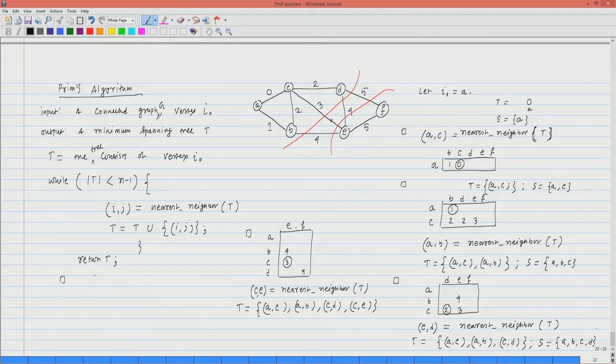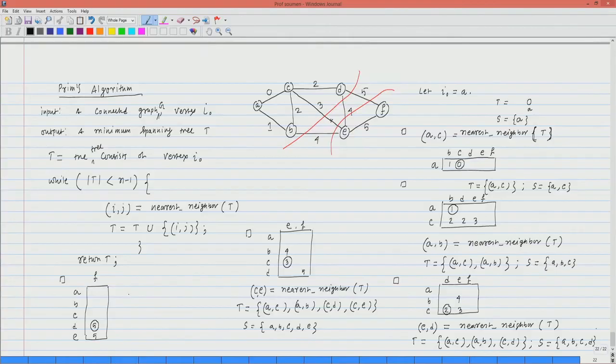The table for this one is that, so now S consists of everything like A, B, C, D and E, and S complement is F. So, we construct this table again. So, this side you have A, B, C, D, E, and you can check that this quantity is 5 and this is 5. You can pick any one of them.